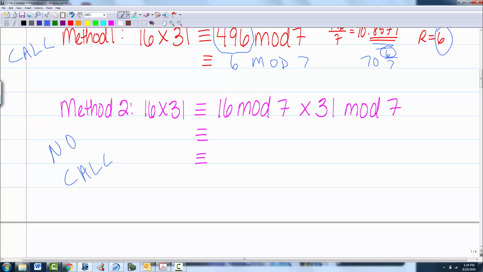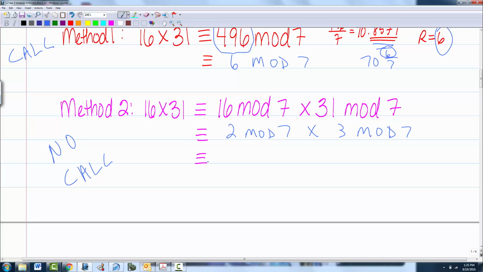So what I could do is mod each part of the product. All right, so what's 16 mod 7? Or what's the remainder when 7 goes into 16? 2. So what can I rewrite this as? 2 mod 7 times, what's the remainder when 7 goes into 31? 3 mod 7. This is a congruent symbol, by the way, but this book uses 3 straight lines.